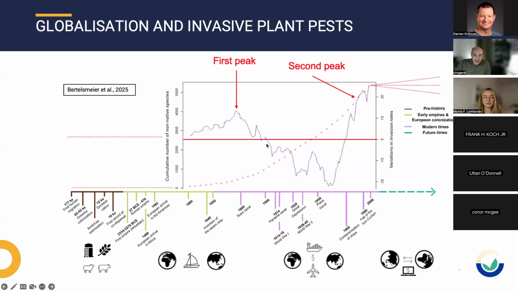Then why did the process decrease? Due to a series of technological or sanitary or geopolitical events. So in this period where we are below the red line, we had the First World War, we had the Great Depression, we had the Second World War, and then soon after the Second World War, the rate of introduction of new pests as well as the trade increased at a rate that was even much higher than before.